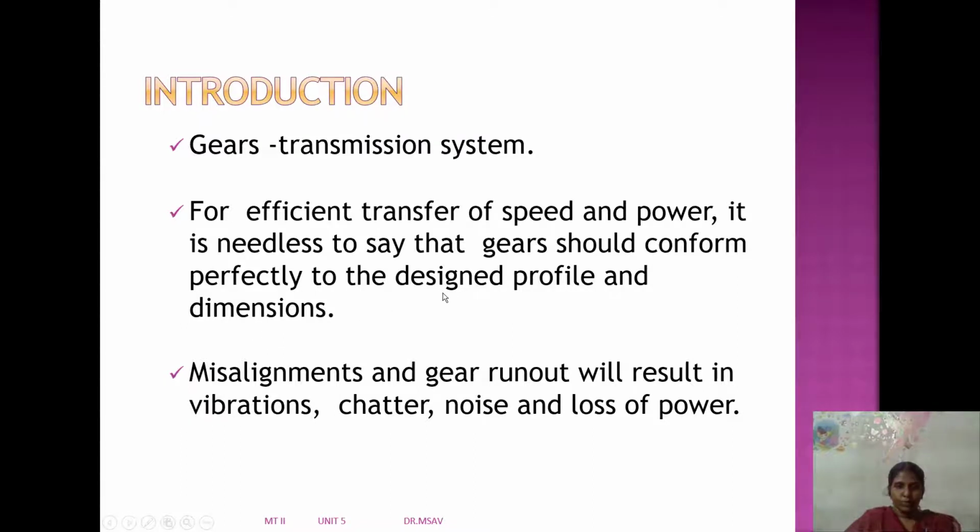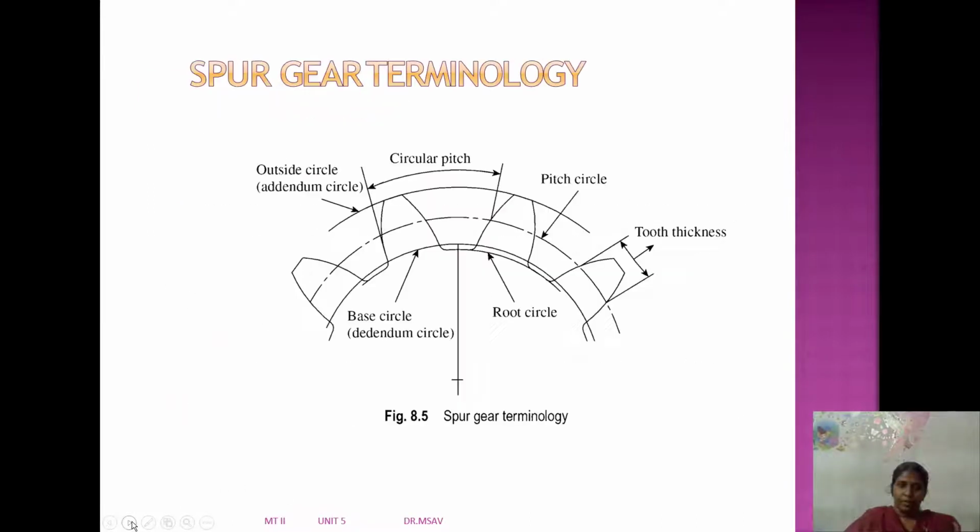So the profile should be designed so that it meets the requirement of the purpose. If there is any misalignment in the gears and runout, they will not engage properly, which will produce vibration, chatter, noise and lead to loss of power.